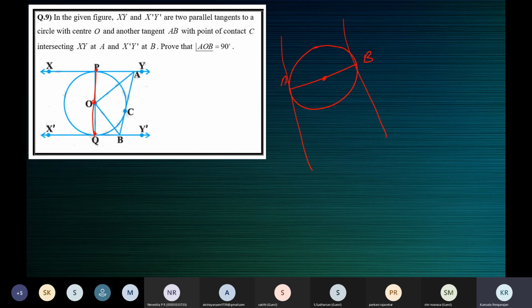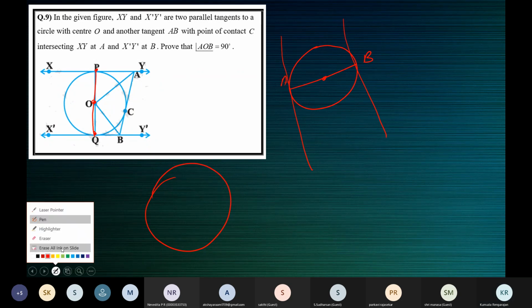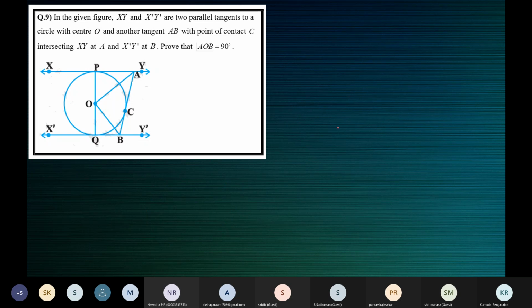Converse: circle, diameter AB, tangent through A. Children, please understand it's a tangent. Tangent through B.